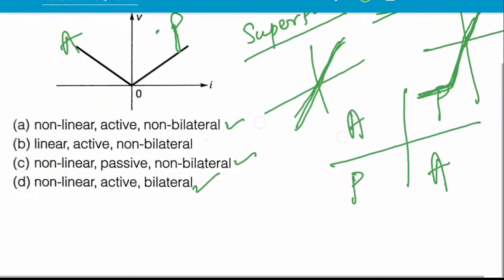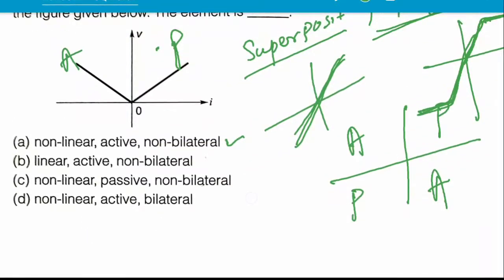So here this is non-bilateral, non-linear, non-bilateral, meaning this one is gone, and then comes active and passive. So this is the active one. So option A is the correct answer, because as this is present, this is the active one.